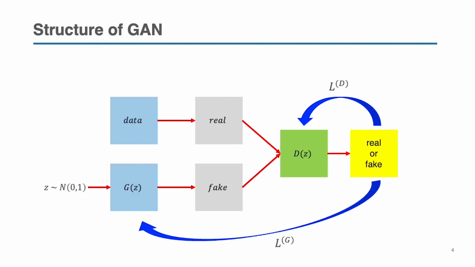So this is the diagram of how the entire network is trained. We first sample a bunch of real and fake images. The real images are sampled from the training dataset, and the fake images from the generator. We then feed these two different sets of images to the discriminator, and then the discriminator is going to tell us whether the image is real or fake.